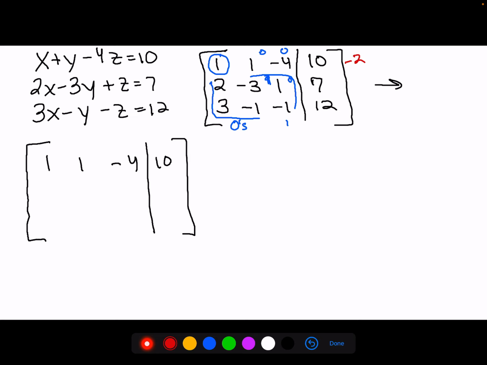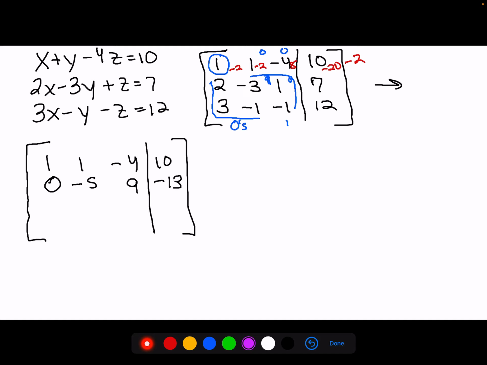If I multiply that by negative 2, I'll have negative 2, 8, negative 20. If I add that to the second row, I'll have 0, negative 5, 9, and negative 13.